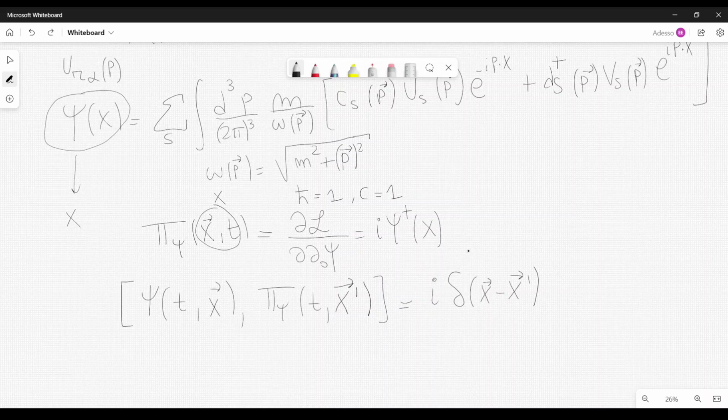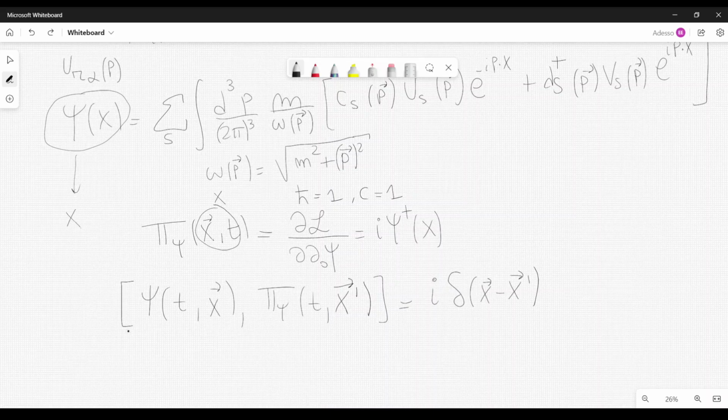Okay, so there is a very apparent relationship between psi and position and pi psi and momentum. This is due to the formalism that we adopt in quantum field theory. Thanks to the formalism, we can proceed with some kind of intuition, imagination if you want. This is not so easy by any stretch of the imagination, but this is what physicists did in order to generalize classical field theory to quantum field theory.